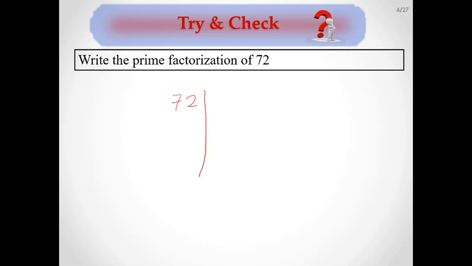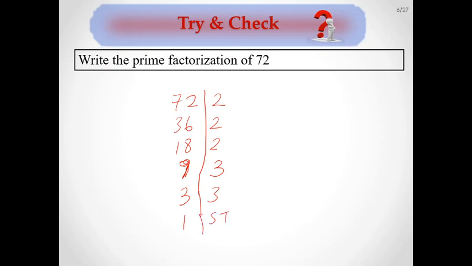I will start with 72, and 72 is an even number, so I will start with 2. We divide by 2, you will get 36. Divide by 2, 18. Divide by 2, 9. 9 cannot be divided by 2, so I will pass and go with 3. 9 over 3 is 3, then 3 over 3, and it's 1.